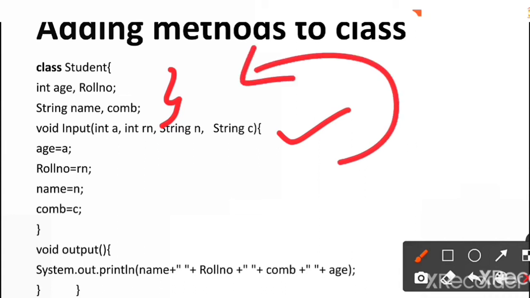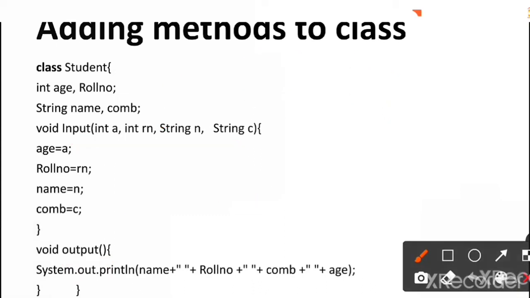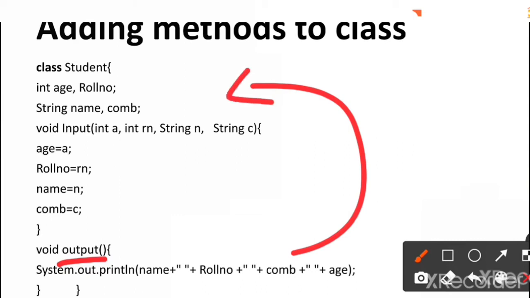Here in this example, I have considered 2 methods, one called input, other one is called output. So this input method accepts 4 parameters, and the values of these parameters will be assigned to the variables of this class. And the output method displays the values of the variables of this class.